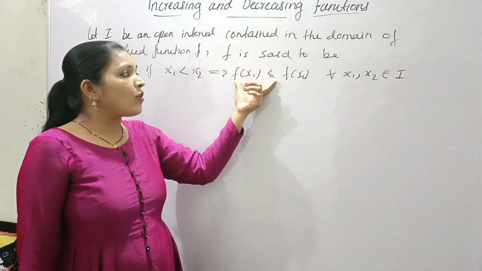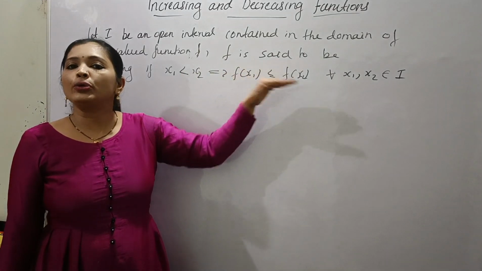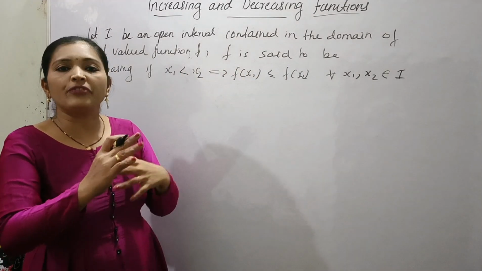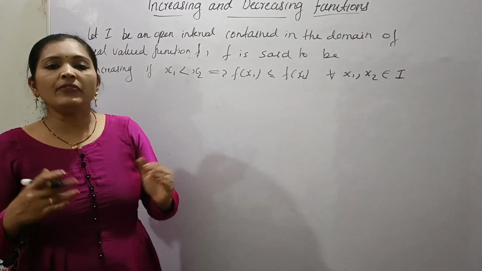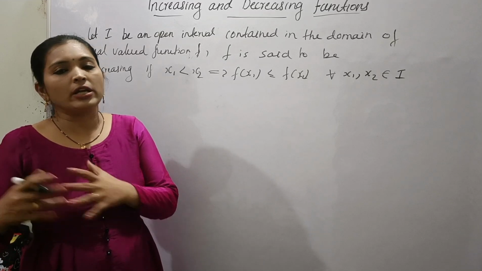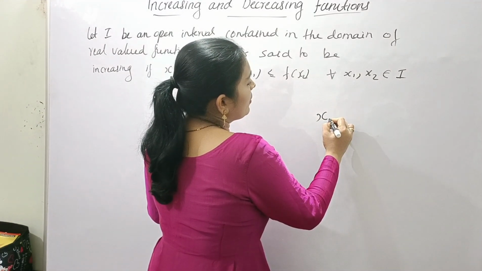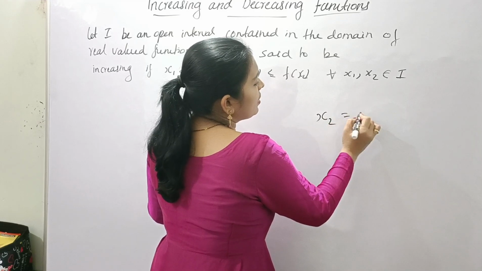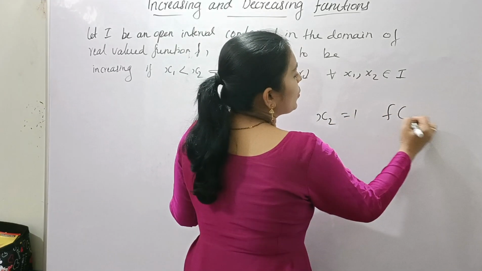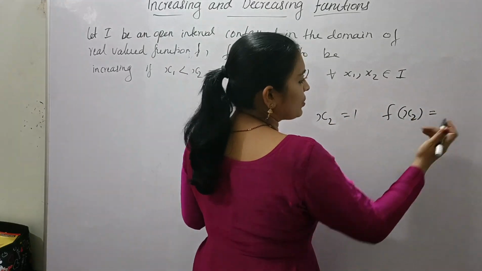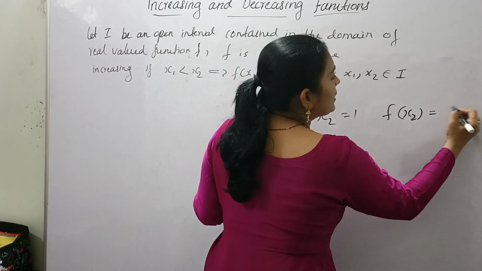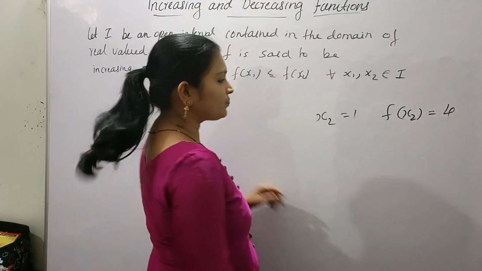See here, f of x1 less than or equal to f of x2. For some different values of x, we may get the same value of the function. Let's suppose when x2 is equal to 1, we get f of x2 equal to 4.